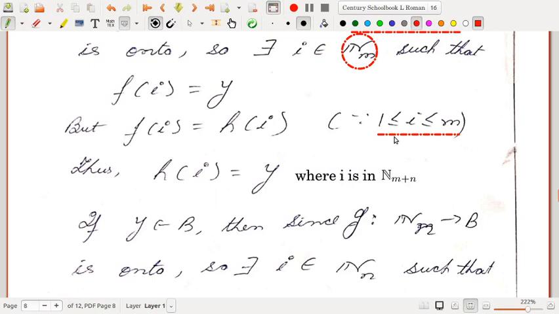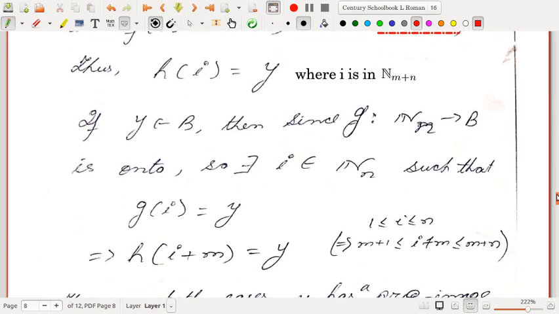Since i is lying between 1 and m, it also belongs to this set. So h(i) is equal to y. So we have got an element in N_{m+n} whose image is y.